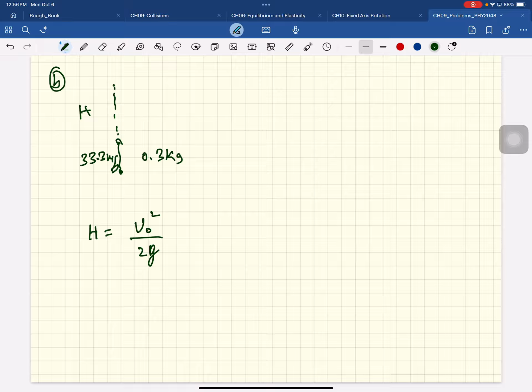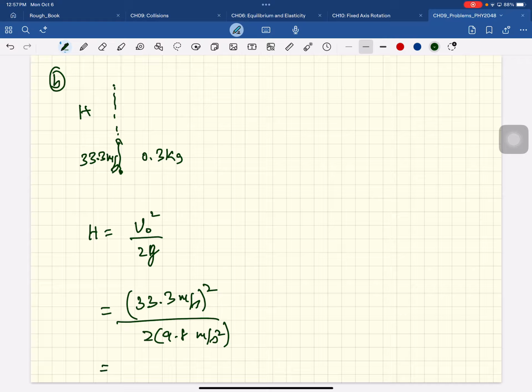Okay, so that's how high he'll rise. 56.6 meters.